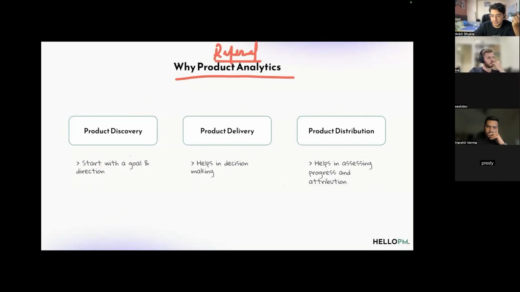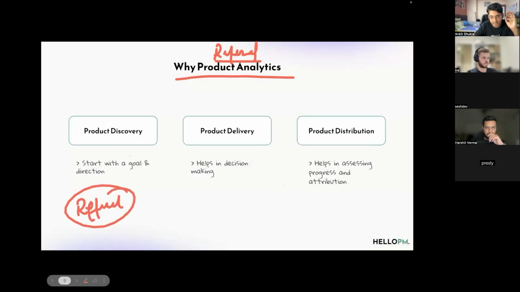The company has given you a goal that we need to increase our user base. After understanding the users and doing the research with the marketing team, you understand the best way to get the users is to introduce a referral mechanism.